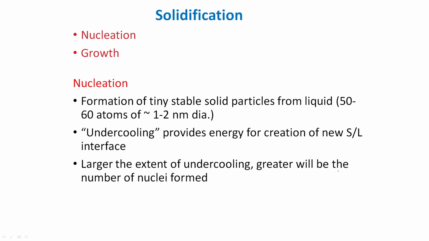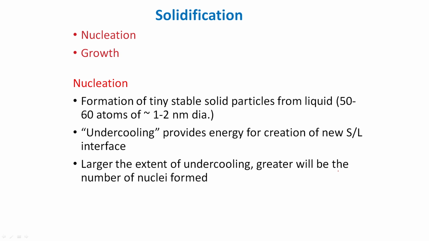So, you understood there are two important basic aspects during solidification: one is nucleation, the other is growth. Nucleation is the formation of tiny stable solid particles from liquid, and as written here, the number of atoms may be 50 to 60, or 100 atoms maximum.